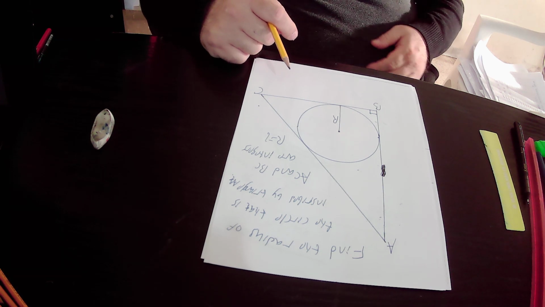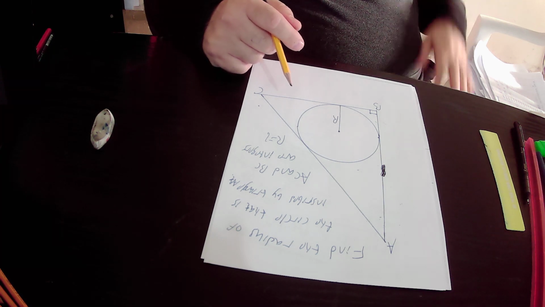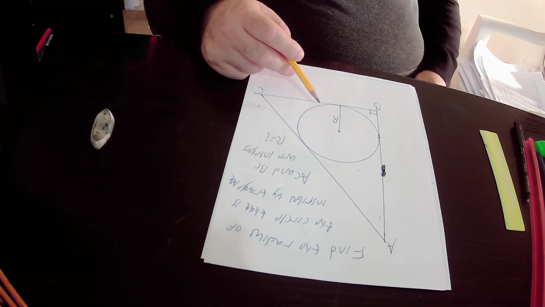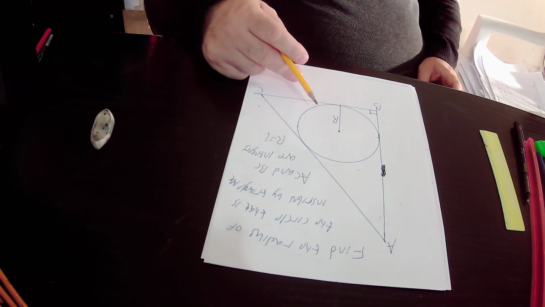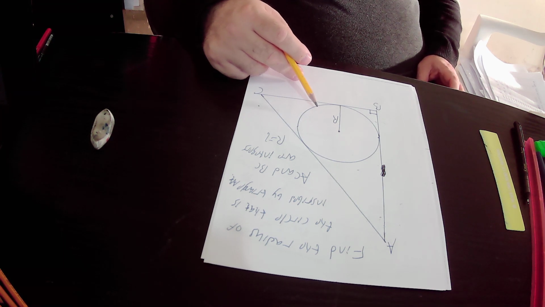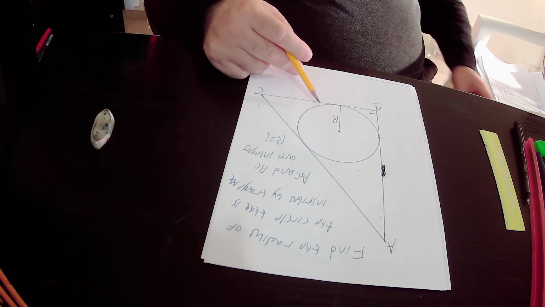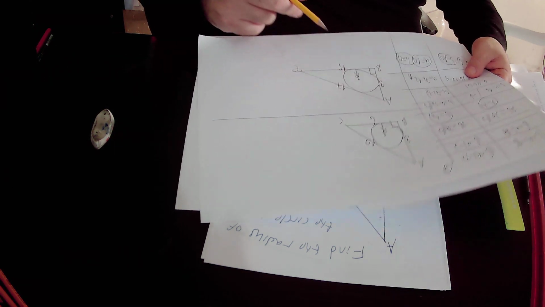Here, triangle ABC could be any right triangle, and we will find the radius of the circle that is inscribed in this right triangle. After we find the radius of this circle, we'll use the formula that we get here in order to find the radii of those two specific right triangles.